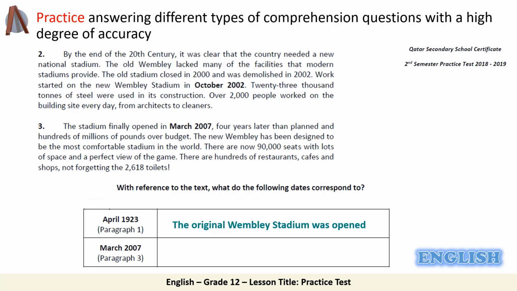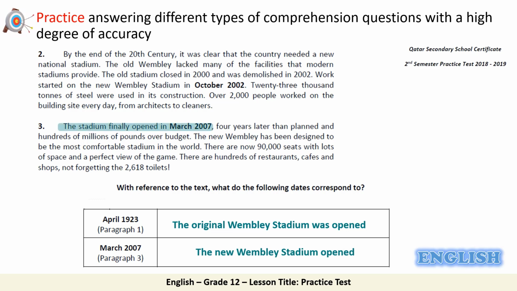Now please pause this video here, and this time you are required to read paragraph 2 and 3 and find what the date March 2007 refers to. Excellent. Let's see the answer. What have you found out? Great. This date marks the opening of the new Wembley Stadium.